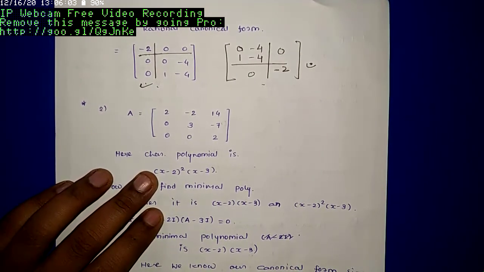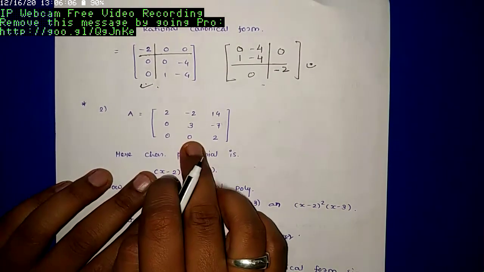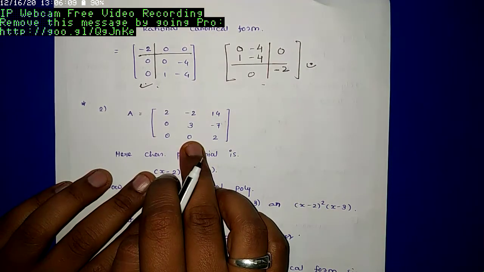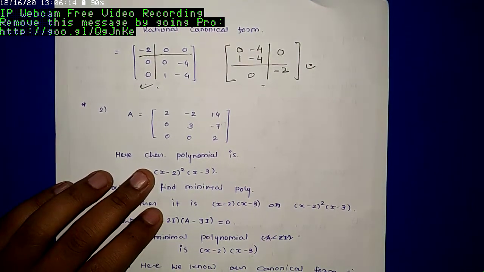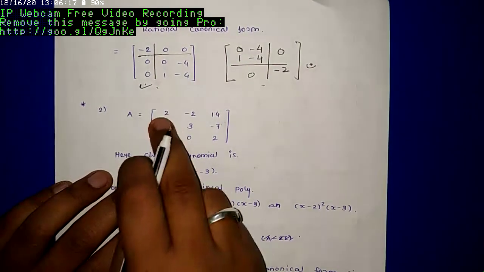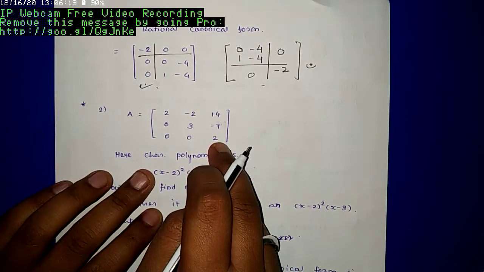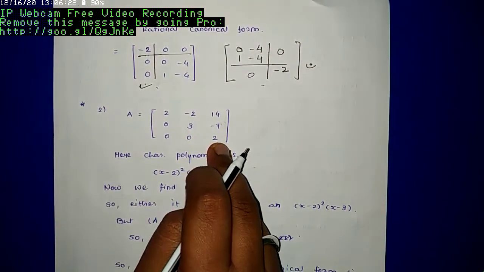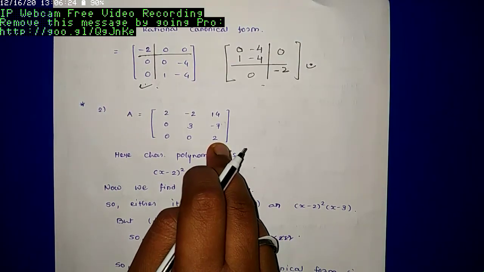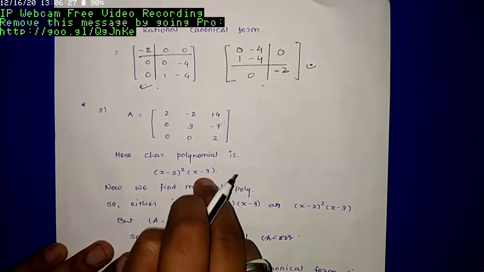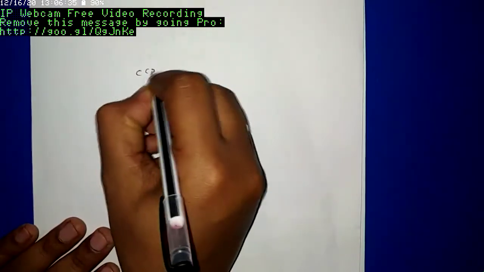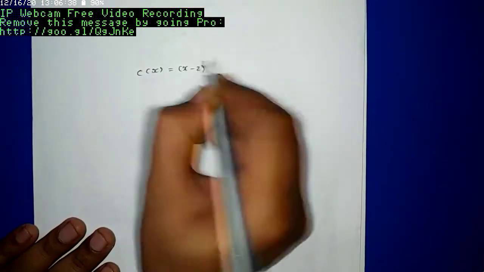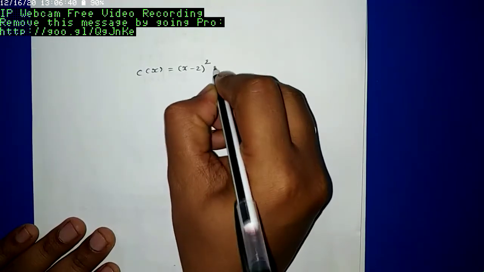But if you observe, this matrix is triangular, so it is very easy to say what C(x) is, because 2, 3 and 2 are your eigenvalues. We already learned the eigenvalues of a triangular matrix. So your C(x) is (x-2)^2 (x-3), because 2 appears 2 times, and x-3.